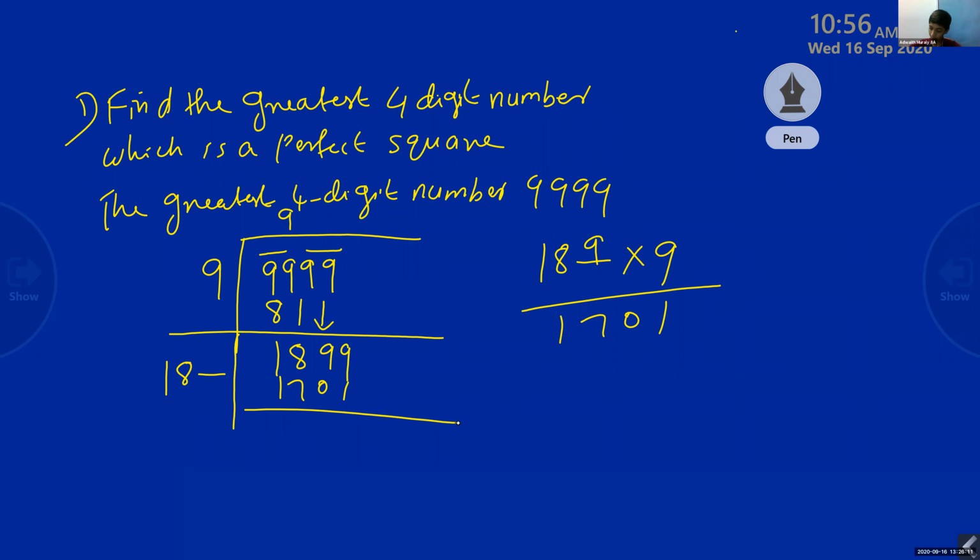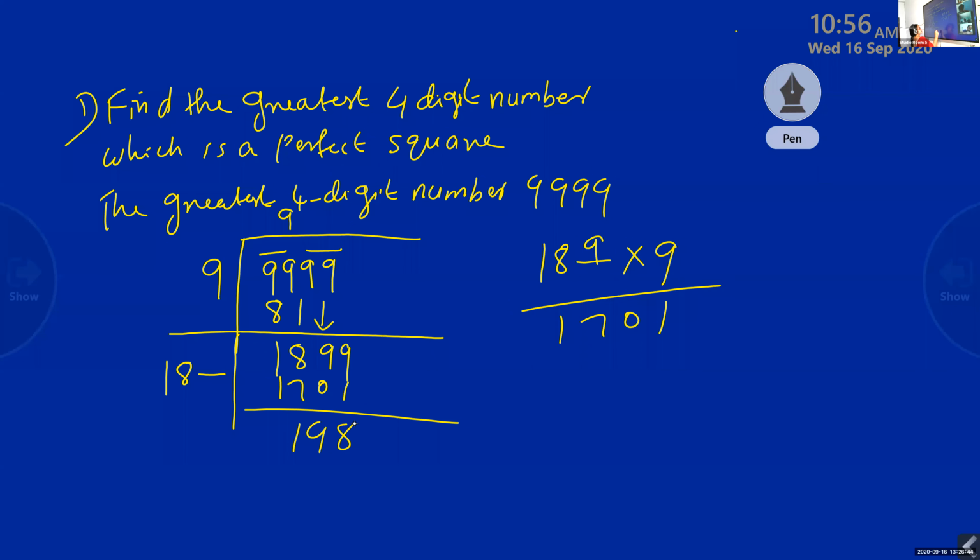Then subtract, and the remainder is 198. So we have to subtract 198 from 9,999.